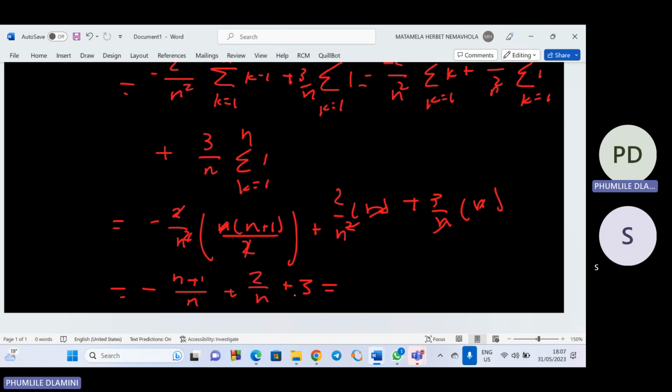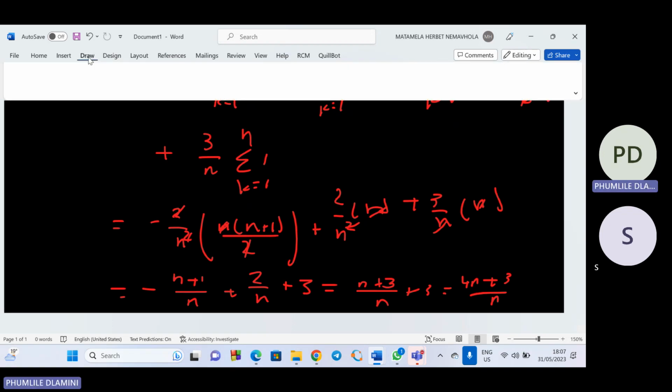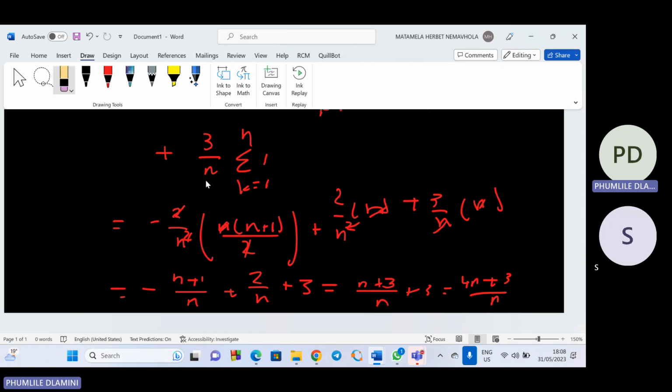So now if we work it out here, we're going to have n plus this one and plus this, which gives n plus 3 plus 3 again, which, if we work it out, is 3n, that is 4n plus 3 over n. There is some mistake again; I made a simple mistake in this part.